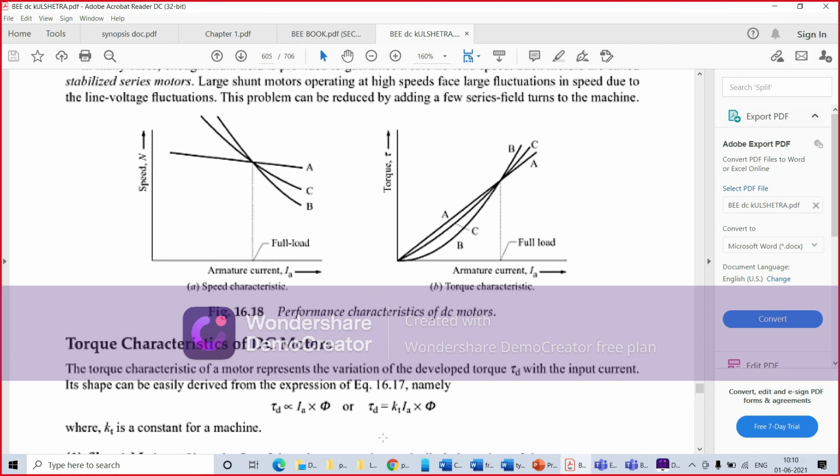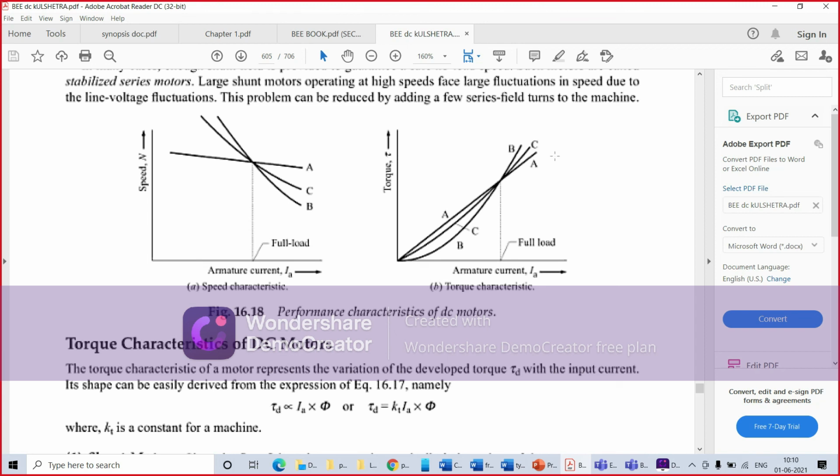Okay, with this relation one can see that as your flux is almost constant and K is already a constant, your torque is directly proportional to Ia, that's why the relationship here is linear.